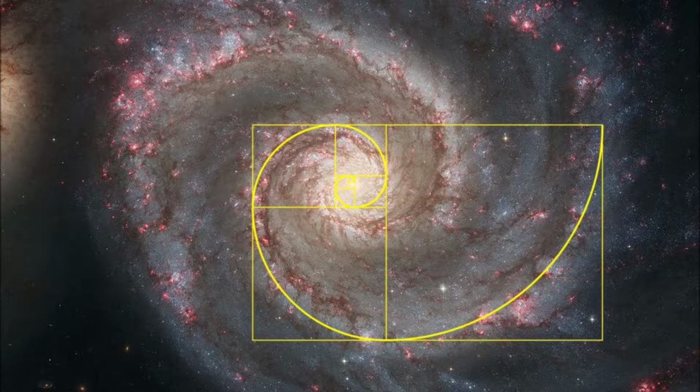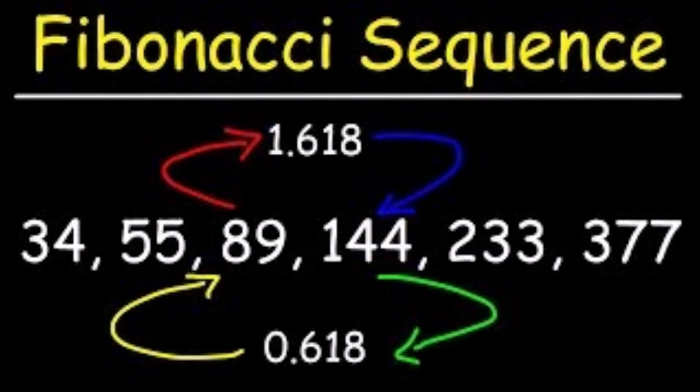Well, it's always been there. It's one of these strange phenomena that's been around since year dot. If you look at the Milky Way, that spiral is actually a Fibonacci. And it's all based on what's called the golden ratio or the golden number, and that is 618.